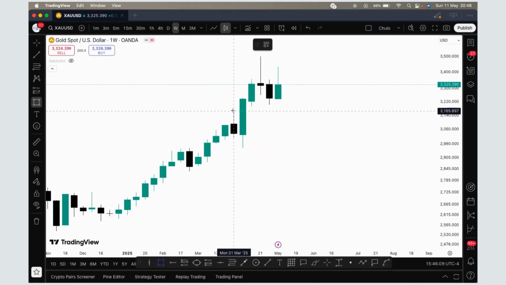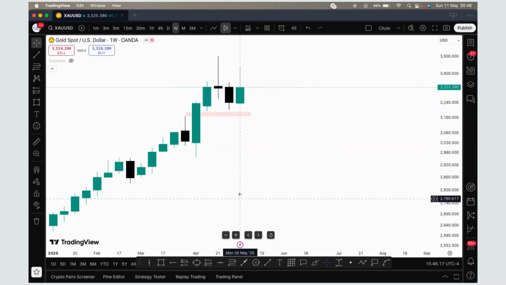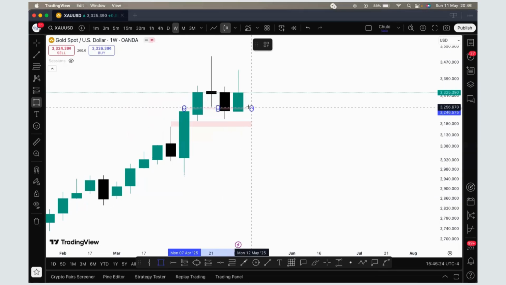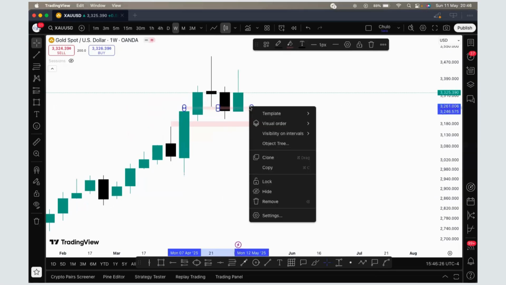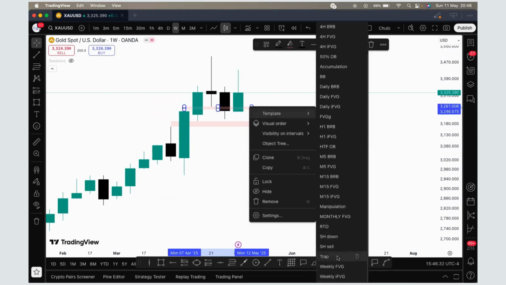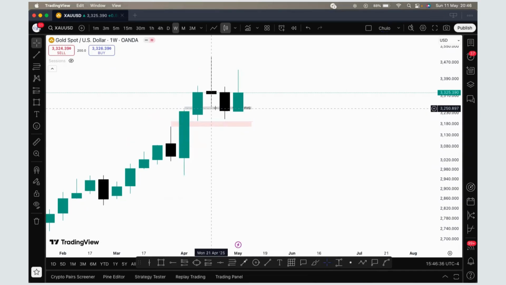We have this weekly fair value gap, which price didn't come back for. And we also have this weekly fair value gap here.